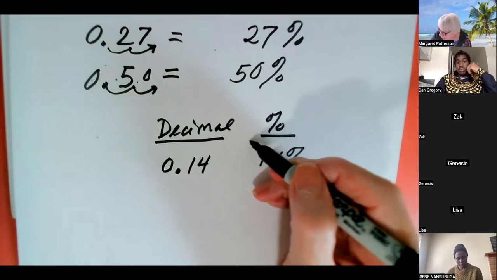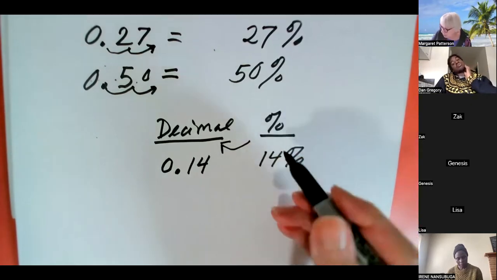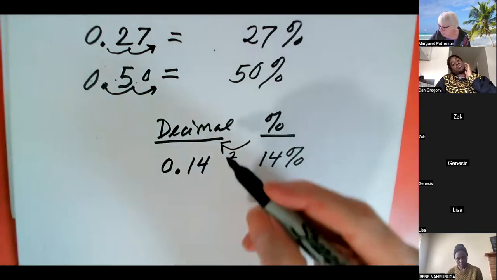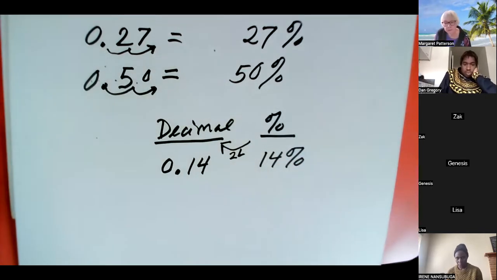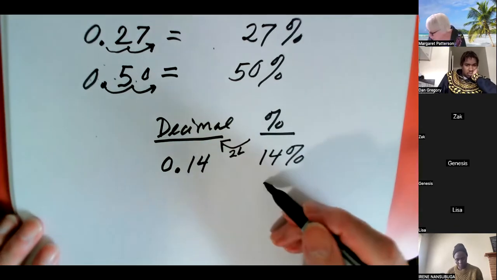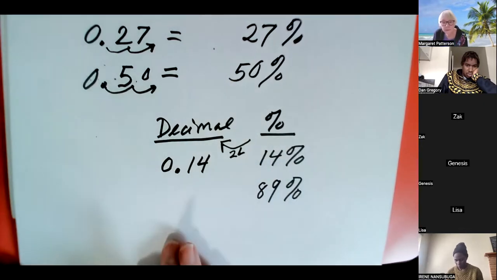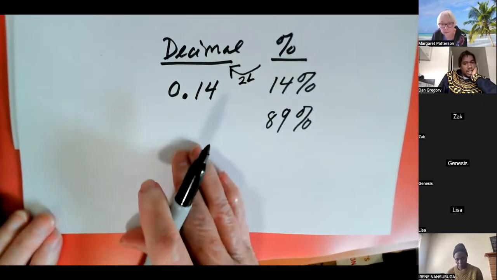So notice what happened. We moved it in this direction, 2 places to the left. So 89% would be what? 0.89.